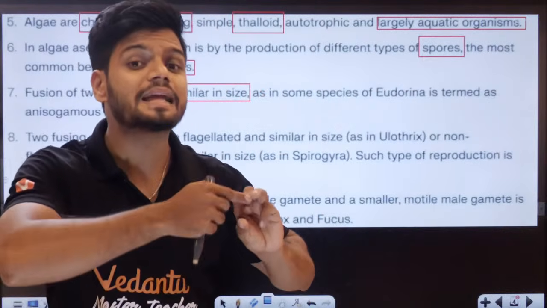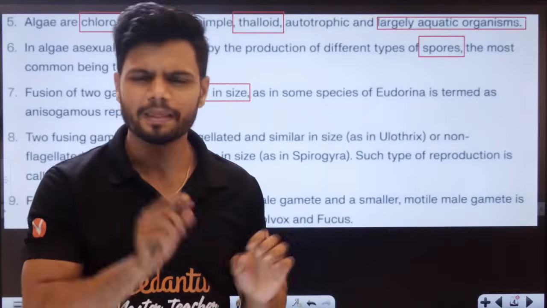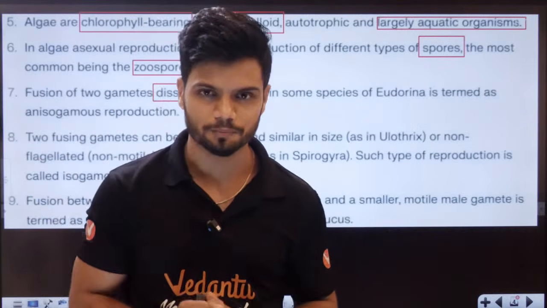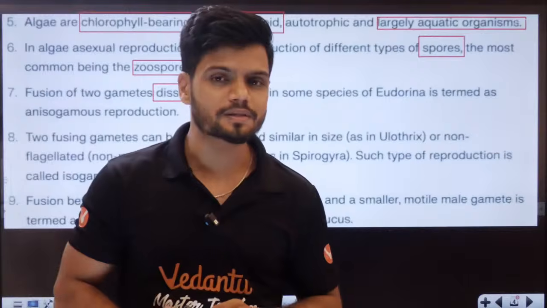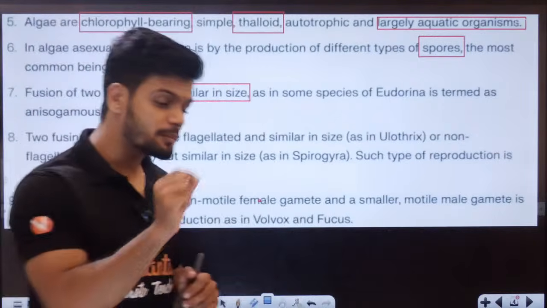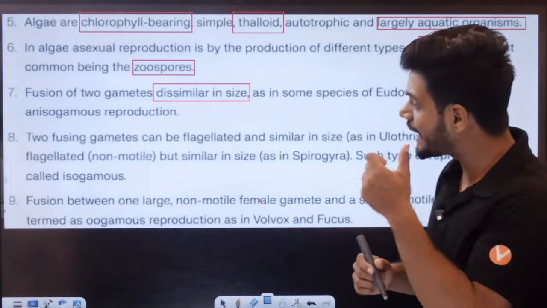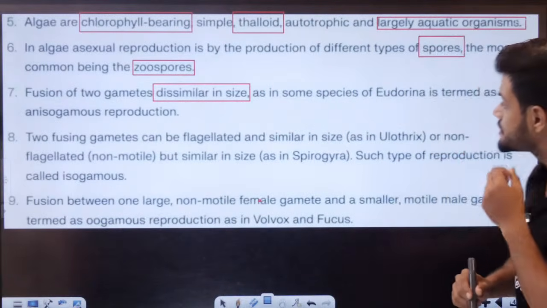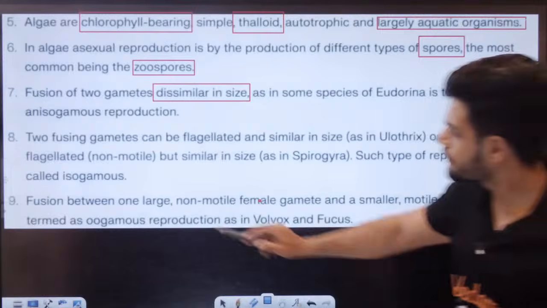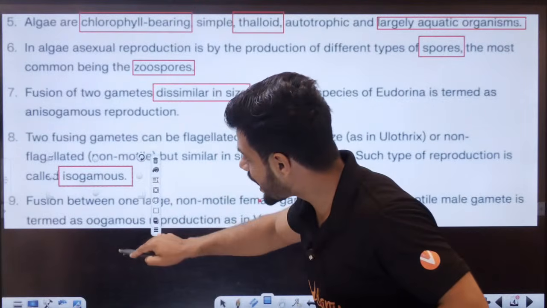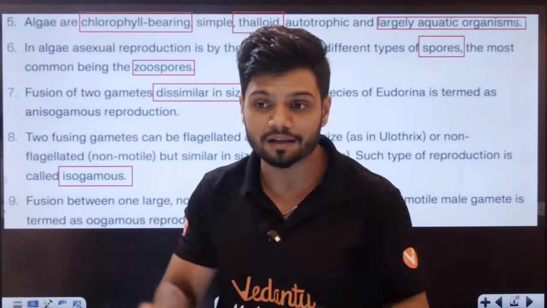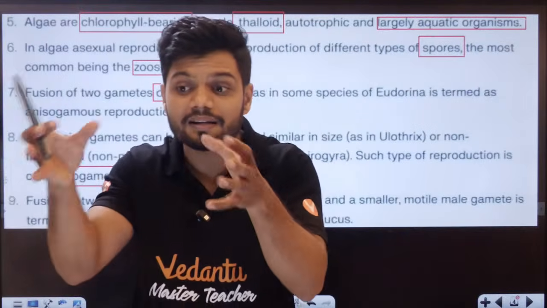Second is anisogamy, and then oogamy. Understand what it means, students? What is the meaning of iso? Iso means same. So the first category is called isogamous type. In isogamous type, the two gametes are the same.